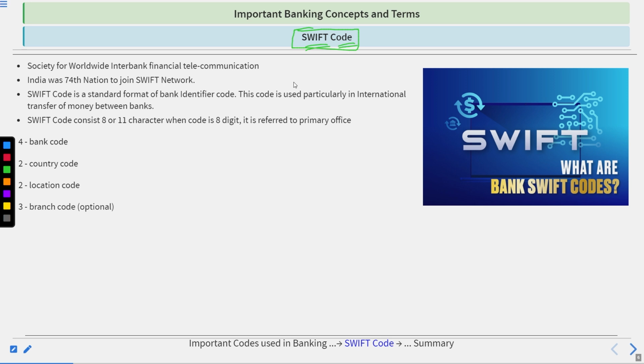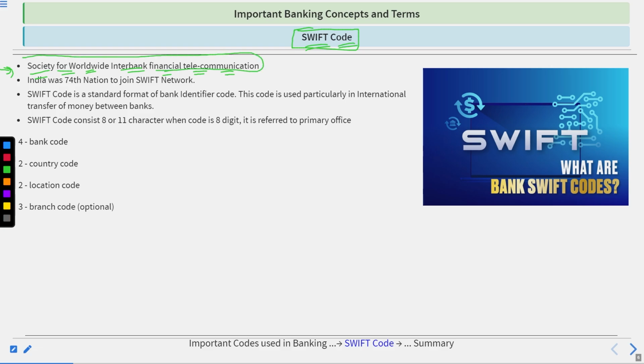So what is Swift, how does it work, and why is it important for international transactions? First, we have to understand the full form. SWIFT stands for the Society for Worldwide Interbank Financial Telecommunication.